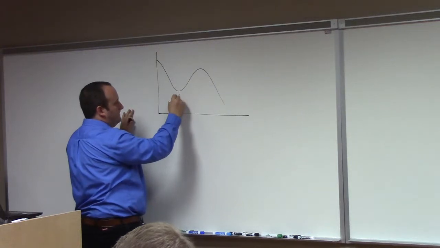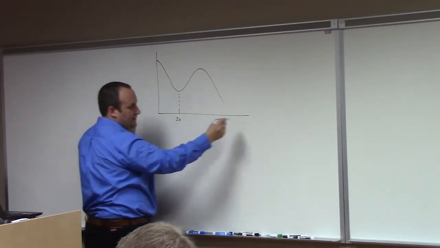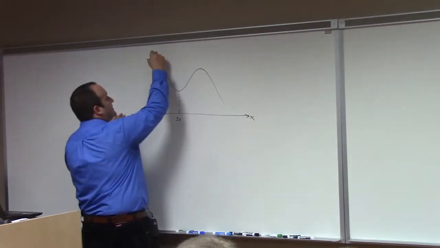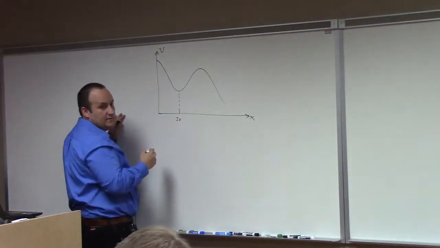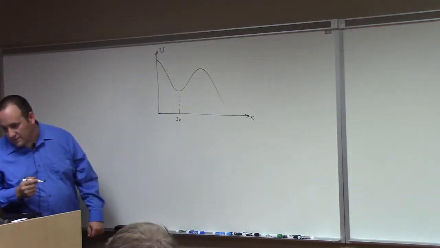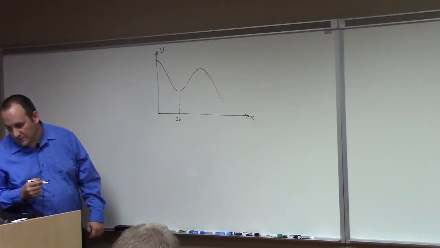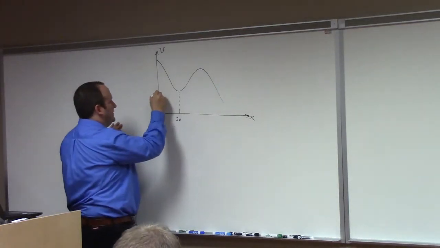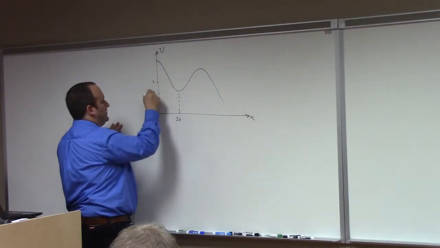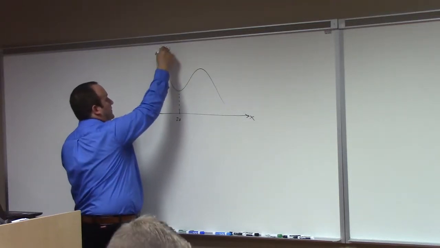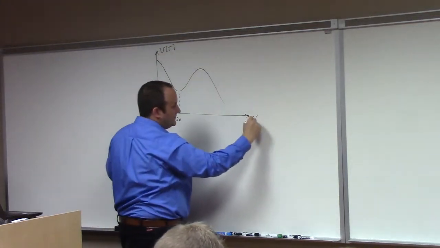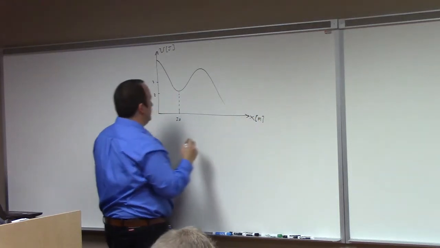And so here is 20, right? This is position. This is potential energy, right? And you're told that your total energy is 3 joules. Now, this is about 2, this is about 3, this is in joules, this is in meters, right?